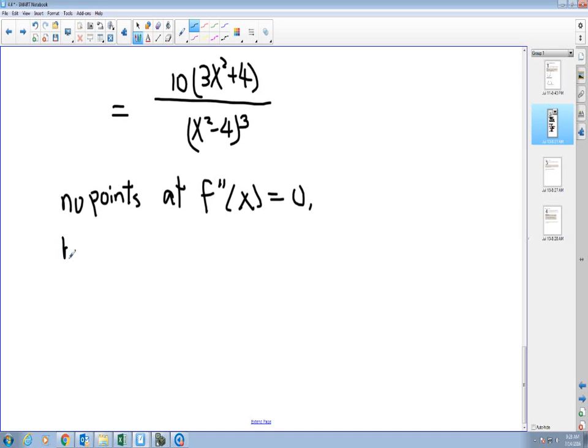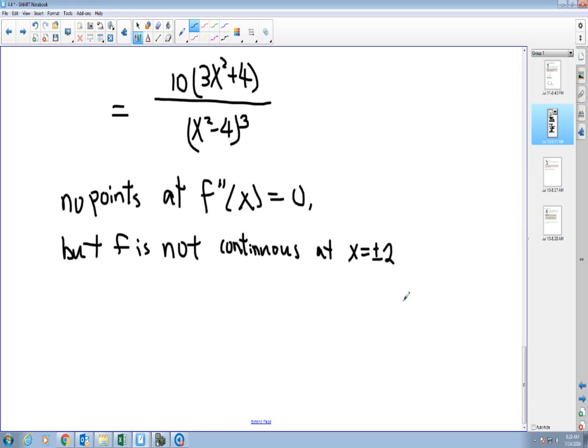But here's a good thing. Since f is not continuous at x equal to positive and negative 2, I can use those values to help me see whether I'm concave up or concave down.